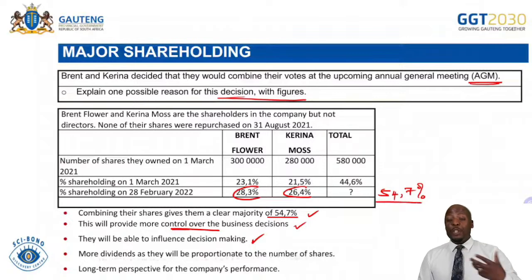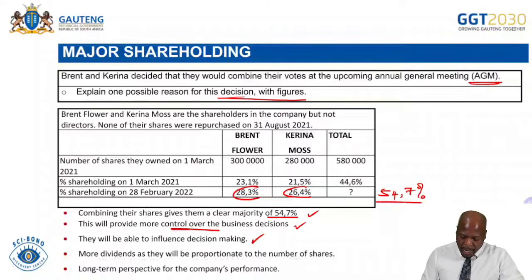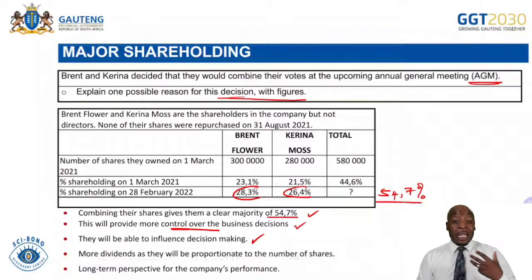So if you're a major shareholder, you get more dividends. But in this case, we're talking about decision making. And in the long term, if they have good intentions for the company, this will benefit the company as they would influence the company towards good performance. So that is one other reason why they may do that.